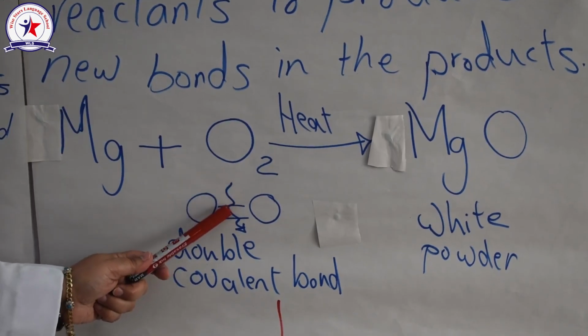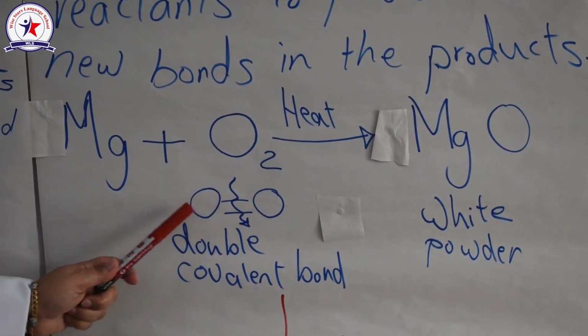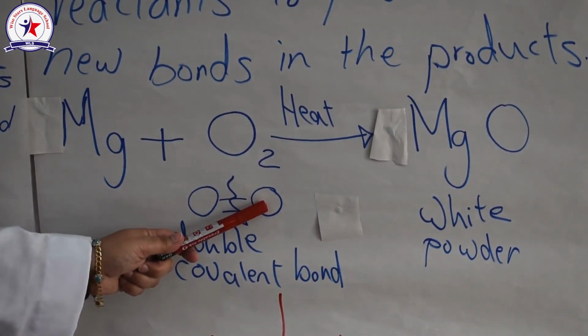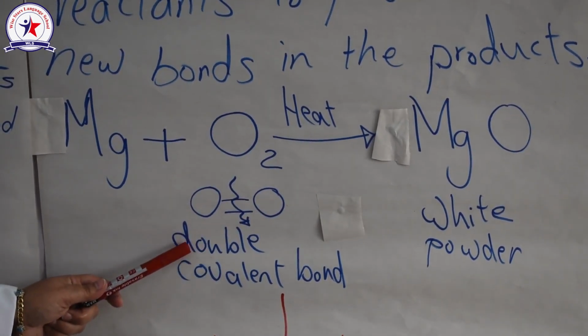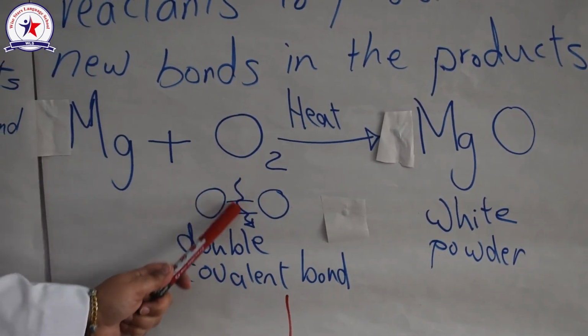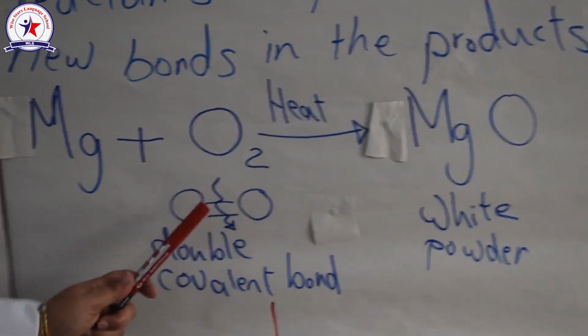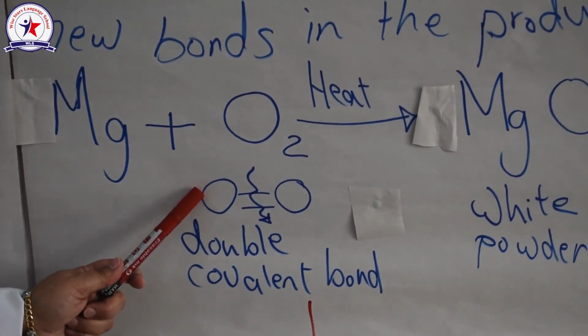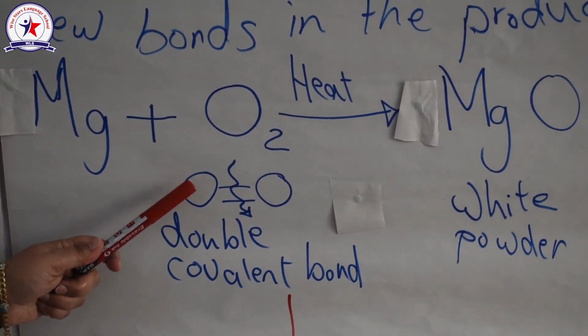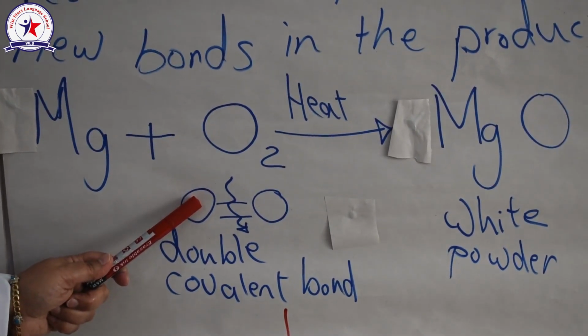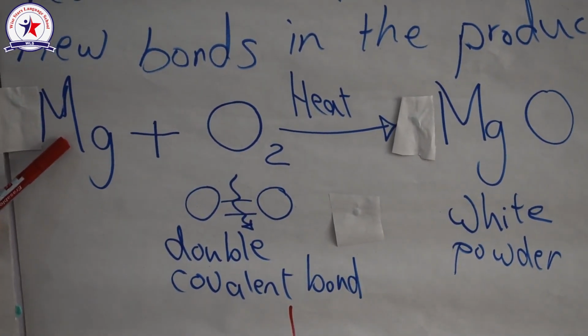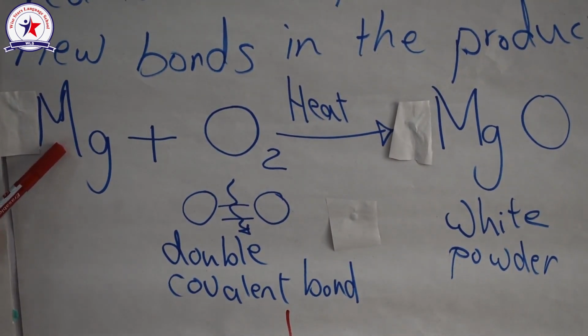The heat breaks down the bond between the two oxygen atoms. This bond, which is a double covalent bond, breaks, and two separate, free oxygen atoms are produced. Each oxygen atom combines with one magnesium atom.